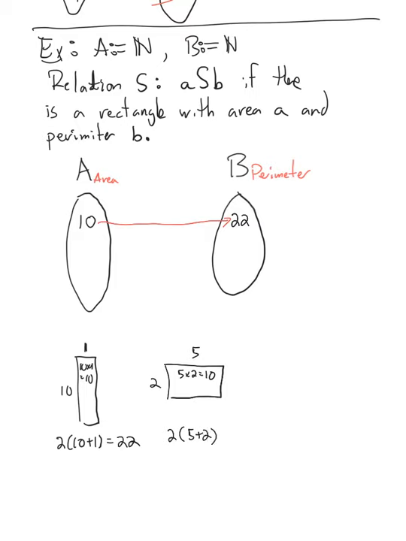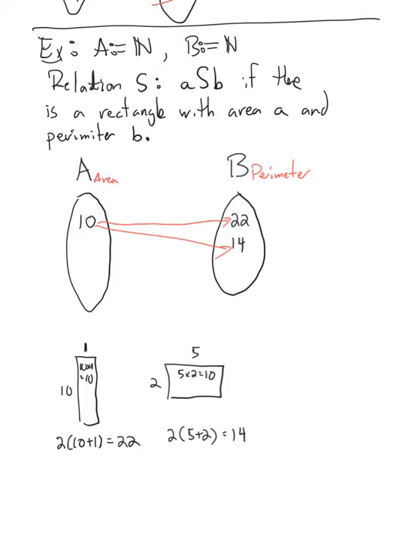So we have 2 lengths of 5 and 2 widths of 2. So that's 2 times 7, which is 14. So 10 is also related to 14. So we have a number that's related to at least 2 numbers. In fact, I will tell you that they're the only 2 numbers that 10 is related to. You can check.